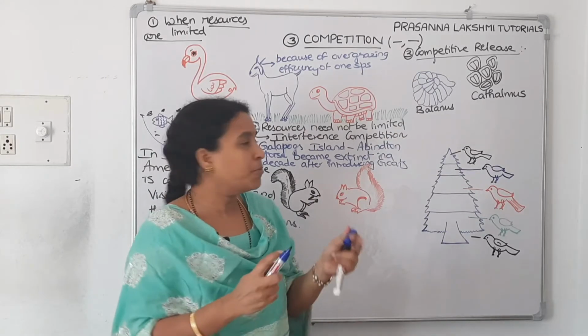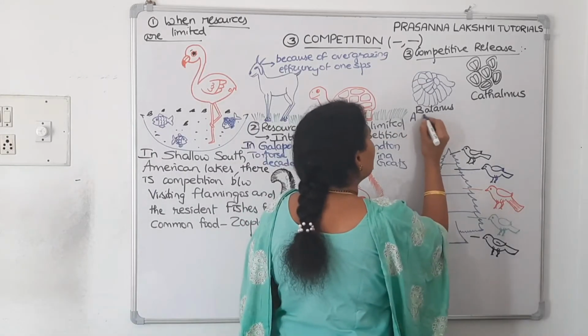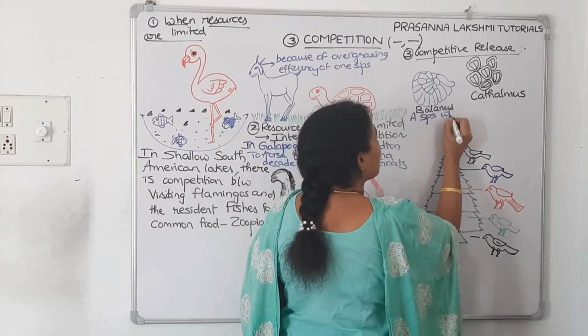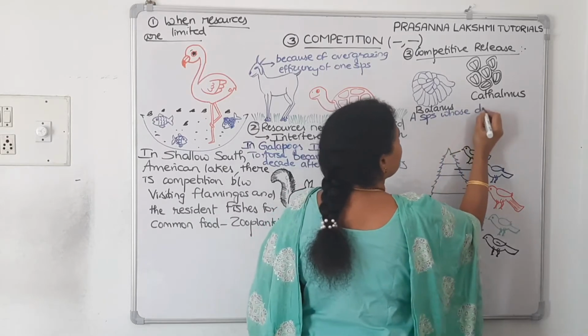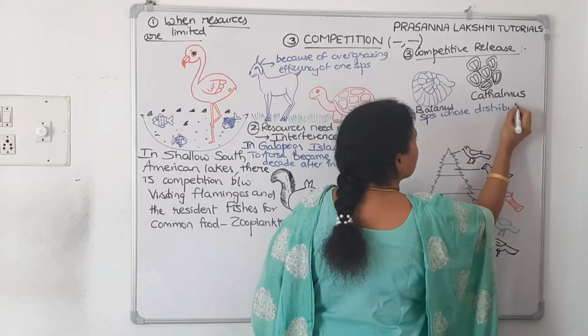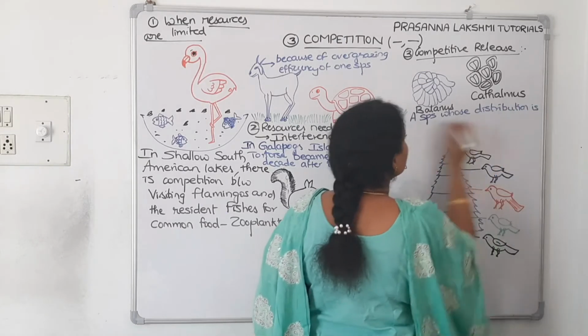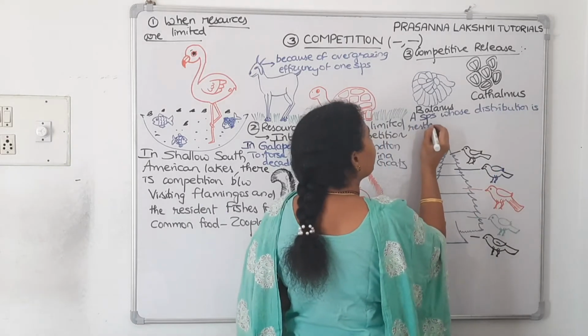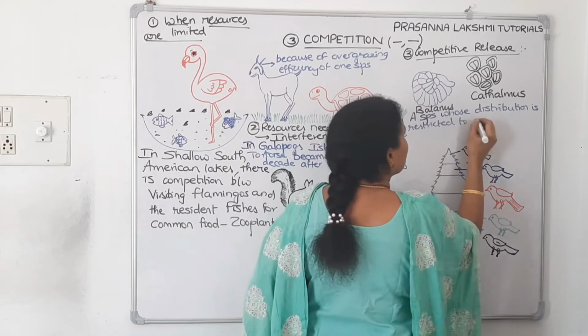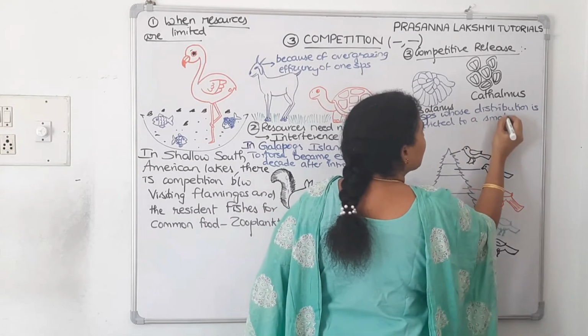A species whose distribution, Catalamus distribution, is restricted to a small geographical area.